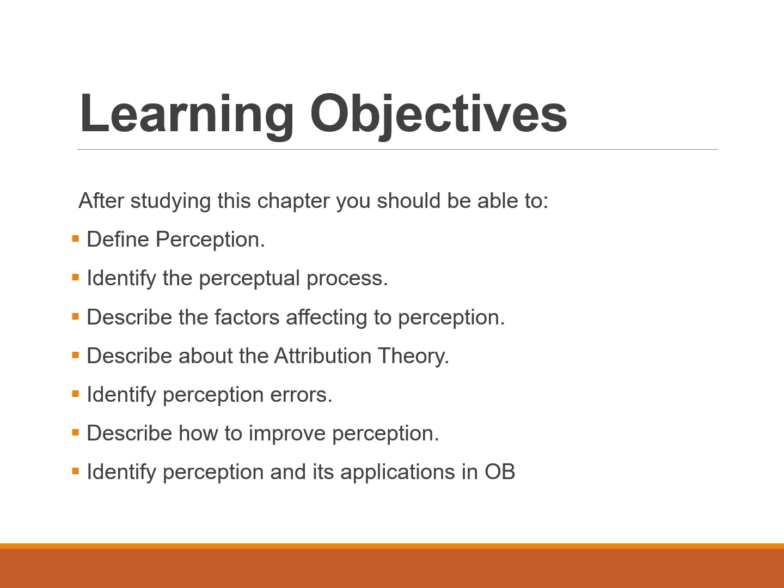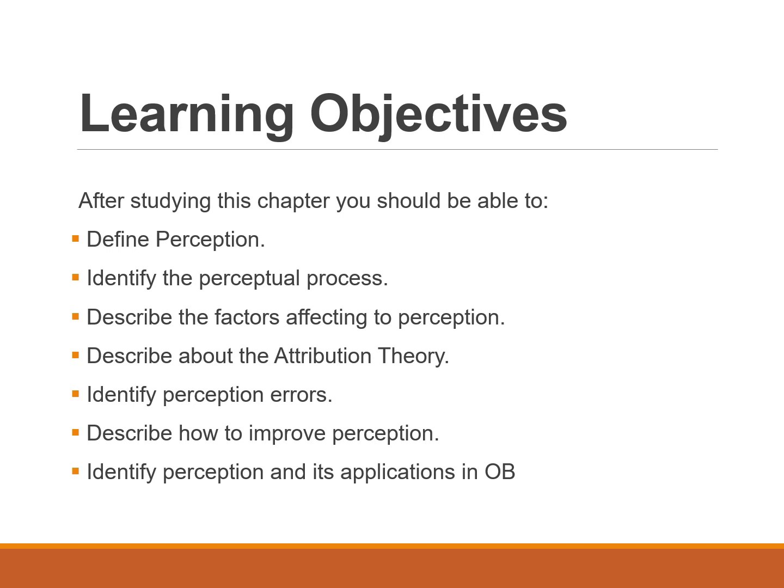And then describe the factors affecting perception. There are different types of factors affecting perception, and there is a very basic theory that comes under perception, that is attribution theory. So here you can identify what is attribution theory and why we can use this attribution theory and why it comes under perception.